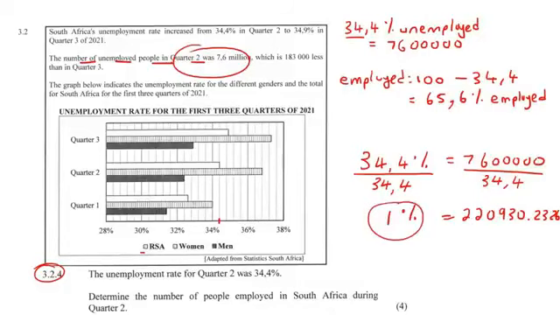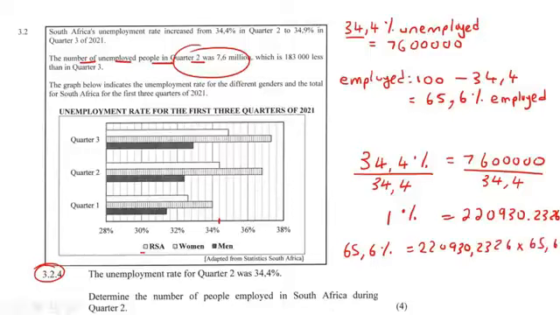So if 1% is this many people, then what would 65.6% be? Well, 65.6% would just be equal to 220930.2326 multiplied by 65.6. Does that make sense?